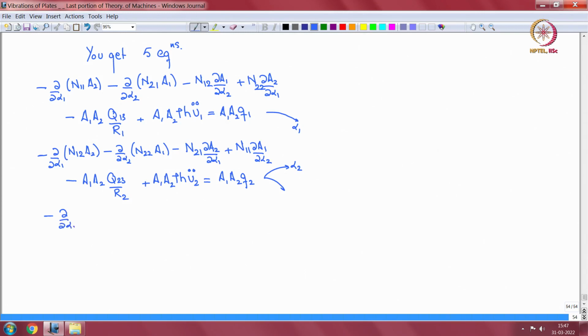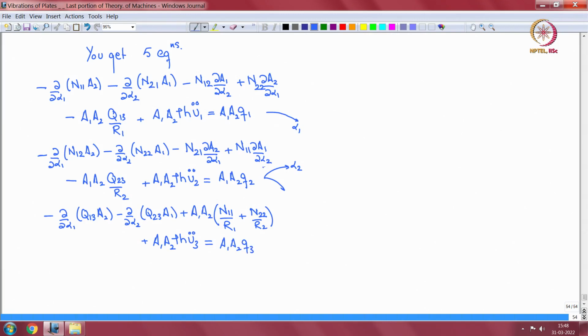minus del alpha 1 q13 a2 minus del alpha 2 q23 a1 plus a1 a2 n11 by r1 plus n22 by r2 plus a1 a2 rho hu3 double dot, that is equal to a1 a2 q3.